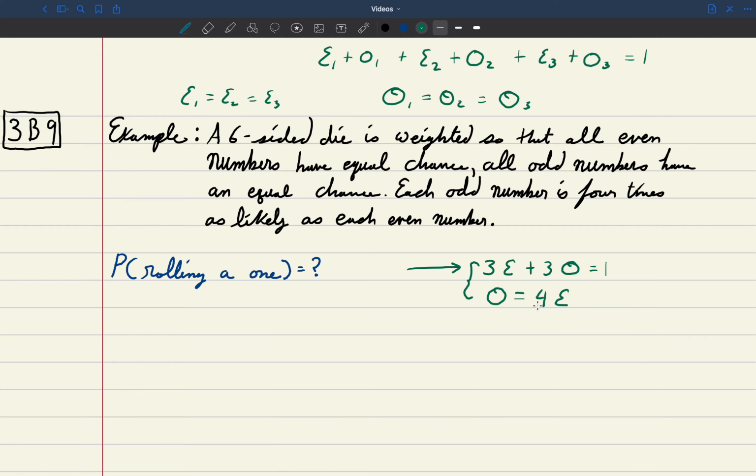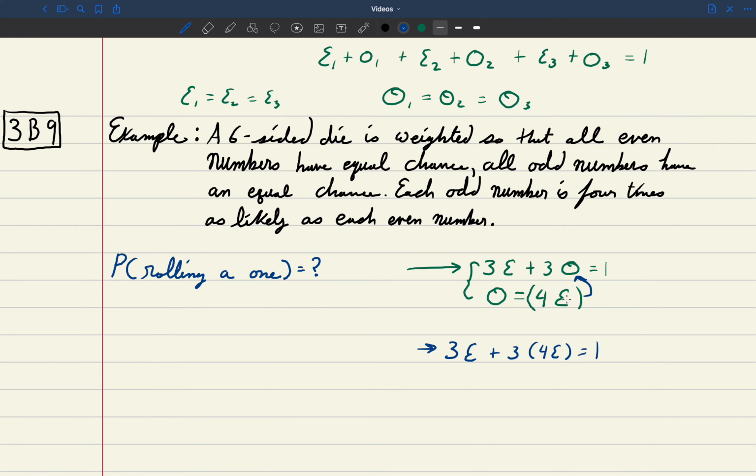Okay, so what can we do from here? Well, we can plug the information that 4 evens make an odd into the first equation. So I'm going to plug this information into here, and then I'll be able to solve. So this would be 3 evens plus 3 times 4 evens equals 1. Right, so I have odd equals 4 times even.